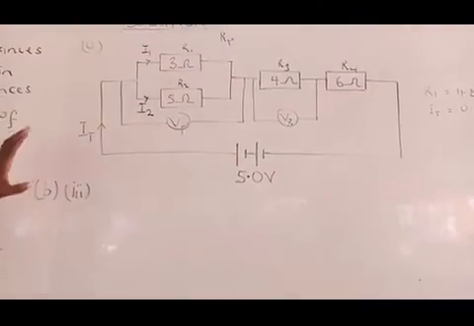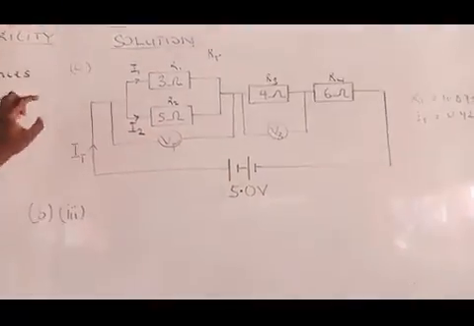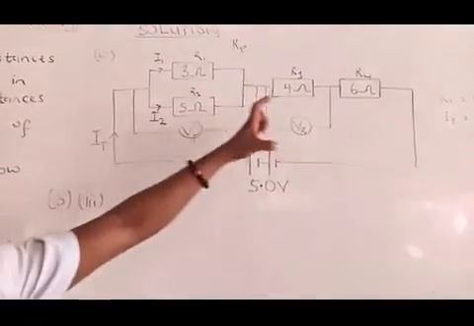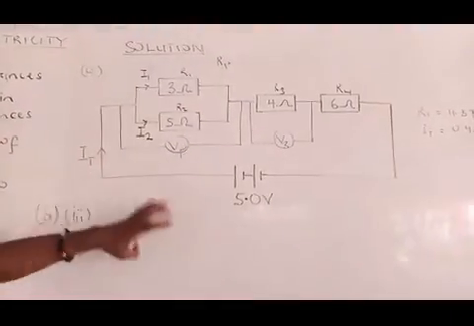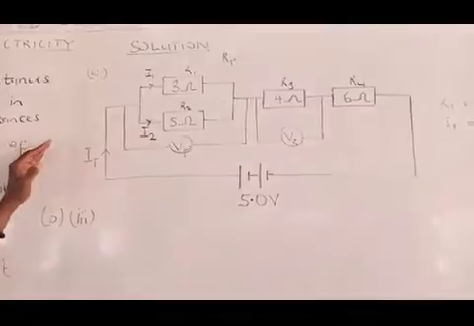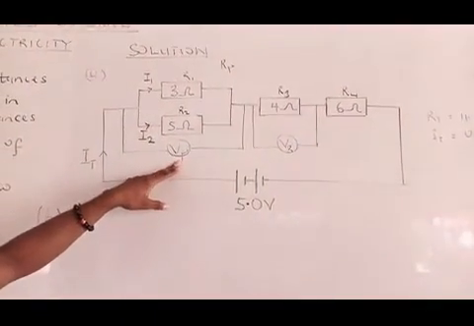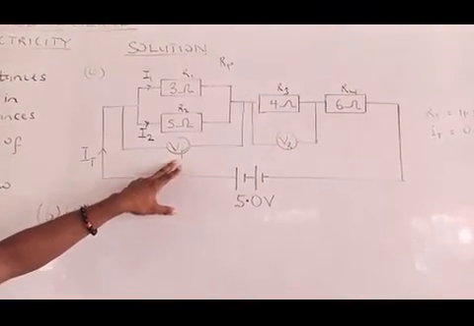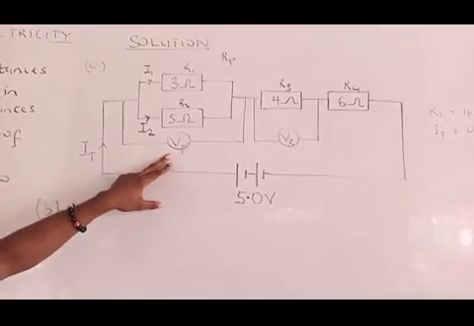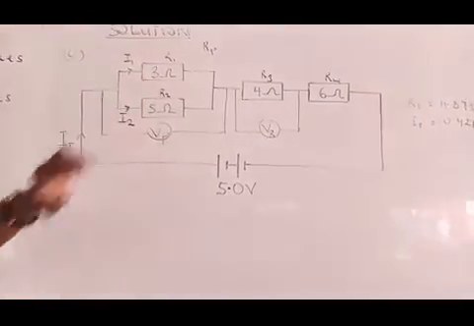I told you that anytime you have a diagram consisting of both parallel resistors and series resistors, you've got to look for the voltage across the parallel connection. The voltage across the parallel connection is what we've labeled here as VP. So you look for the VP, and that voltage across R1 is still equal to the voltage across R2.